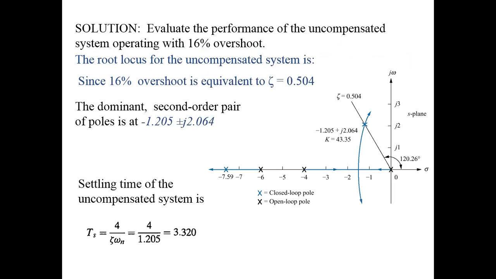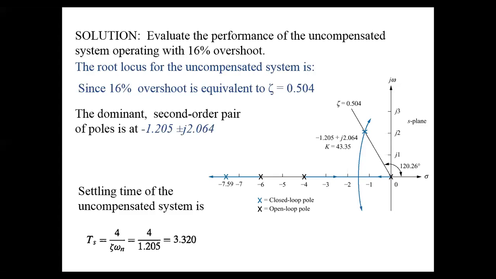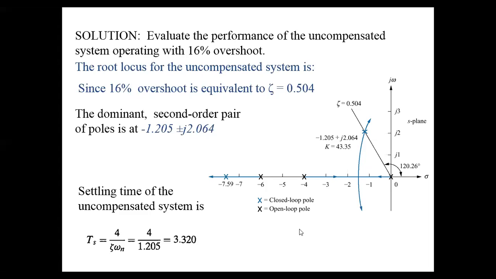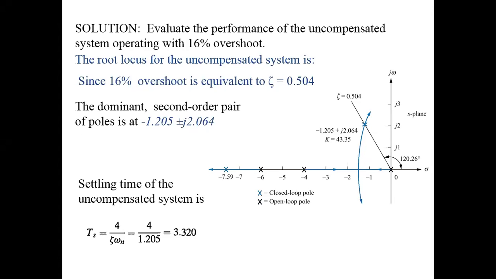This is the solution of the example. First we will evaluate the performance of the uncompensated system with 16% overshoot. The root locus for the uncompensated system is shown in this figure.